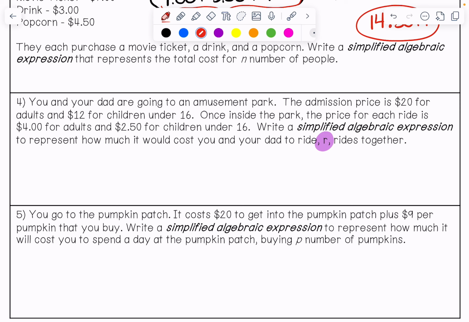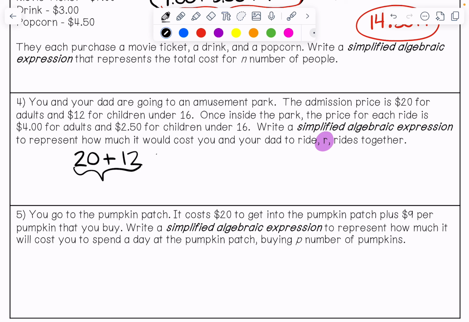So when we look at this, this one has some different components to it. Just to even get in to our amusement park, your dad has to pay $20 and then $12 for you. So we for sure have to pay the $20 and the $12. So just even right now, we could go ahead and combine those.